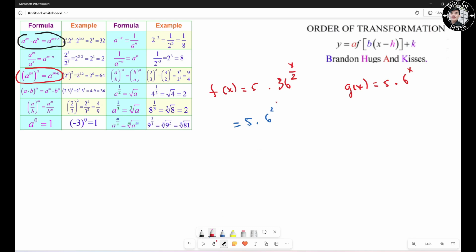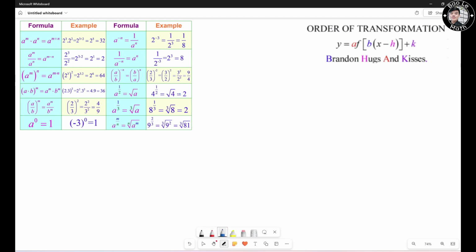And then all together raised to the s over 2. And then I'm going to use this formula again right here, and I just multiply the exponent. So it's going to be 5 times 6 all together raised to the 2 times s over 2. So I'm going to cancel out this and this. So it turns out to be 5 times 6 raised to the s, and this is exactly the same thing right here. Alright.